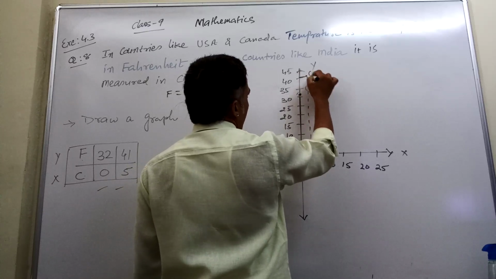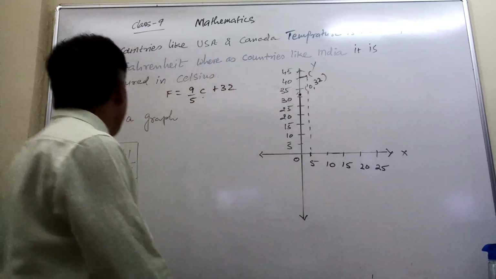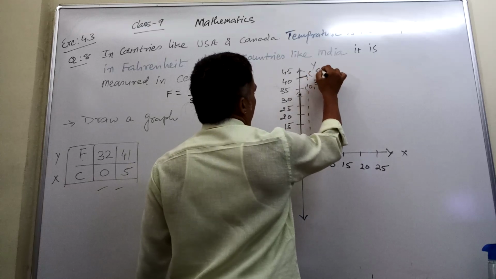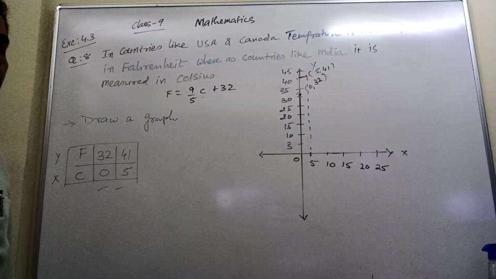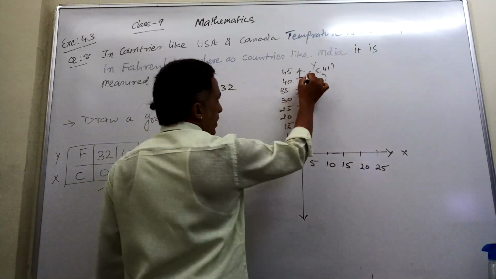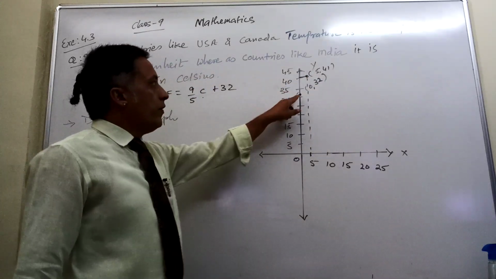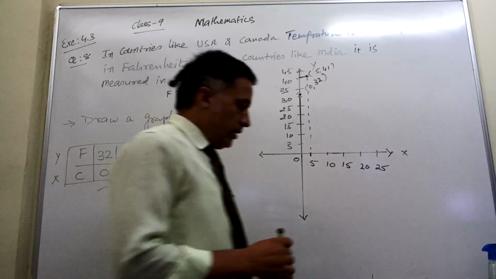Over here I will get this value, and that value will be 5 and 41. So my second point is over here, first point is over here.